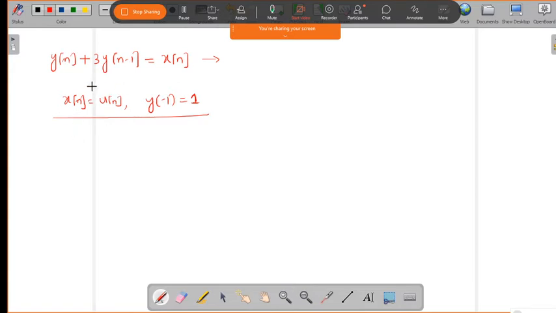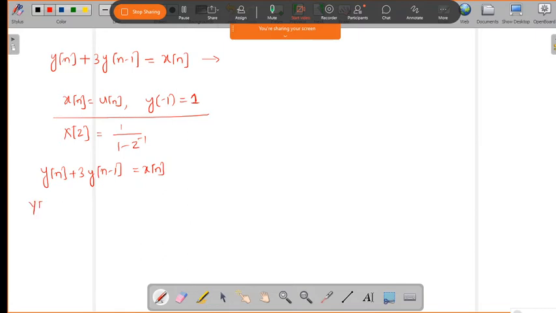Okay, so now take the unilateral z transform. Before that we can find out what X(z) is. For u(n) it is 1 over (1 minus z inverse). Okay, so now take the difference equation and take the unilateral z transform, and we can find out the response of the system.